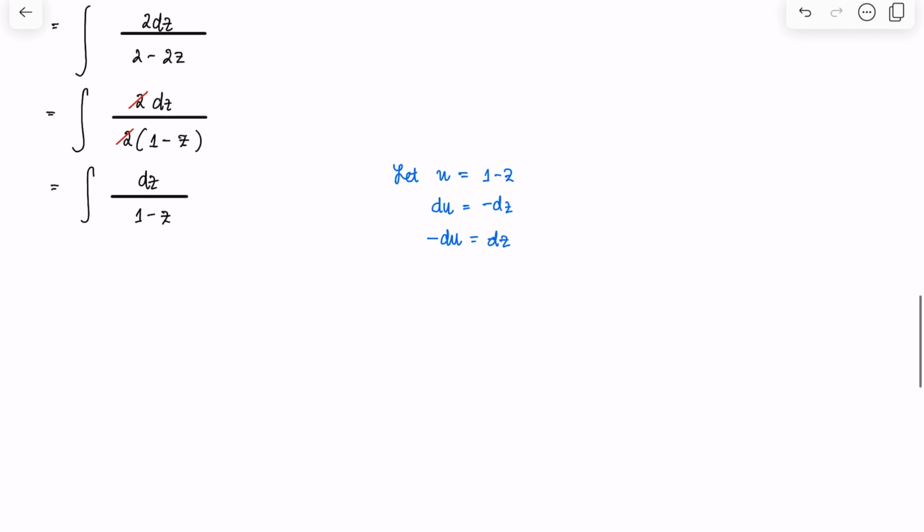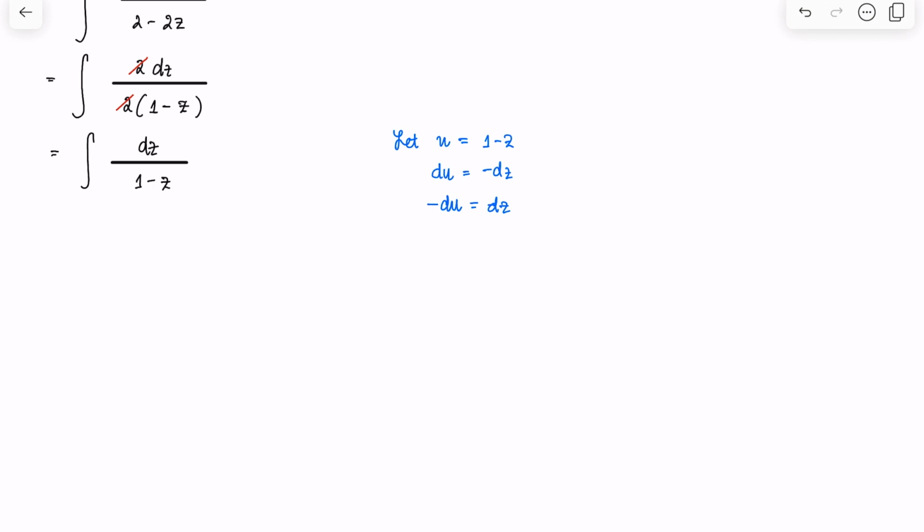Now we did that in order to integrate this one simply. So remember that your u is 1 minus z. So the term in the denominator is simply u. And then according to this one, your dz is just negative du. So you have, I'm going to take out the negative, du over u.